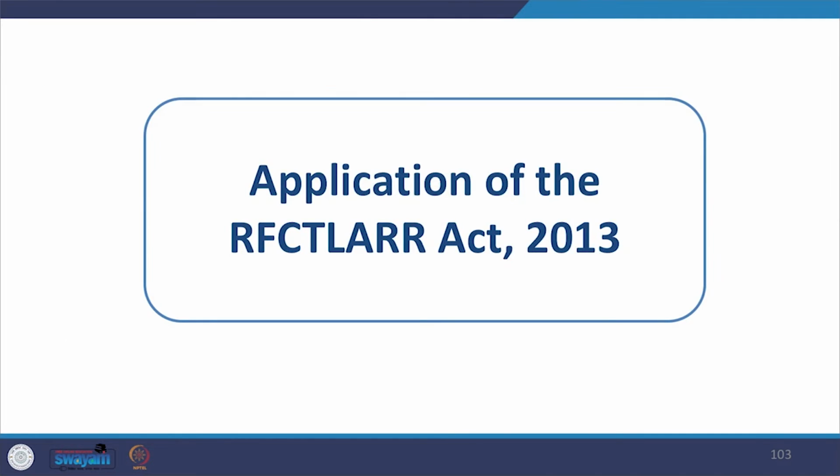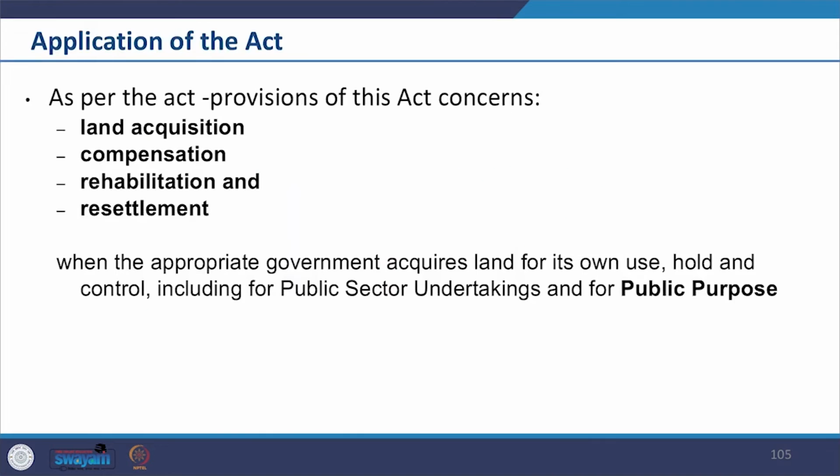Looking at the application of the Act, now we'll look at where the Act applies. As per the Act, the provisions concern land acquisition, compensation, rehabilitation and resettlement when the appropriate government acquires land for its own use, hold and control, including for public sector undertakings and for public purpose.